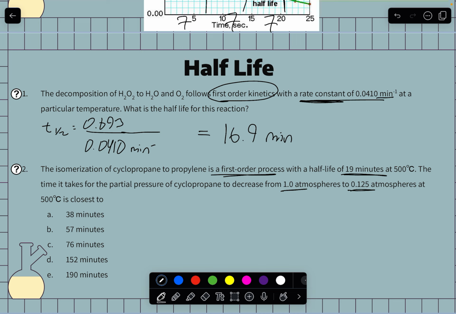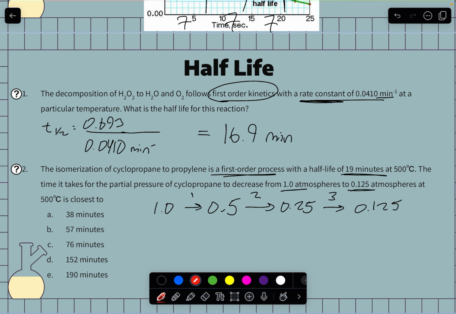So for this one, we need to figure out how many half-lives occurred. So we're starting at 1.0 and we're ending at 0.125. The first half-life, it's half of the amount, so we go to 0.5. Second half-life is half of that amount, so half of 0.5 is 0.25. The third half-life is half of that amount, which is what we want, the 0.125.